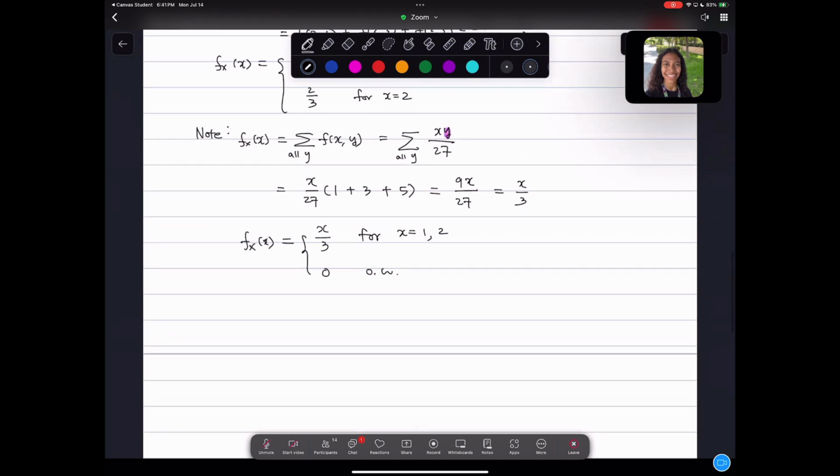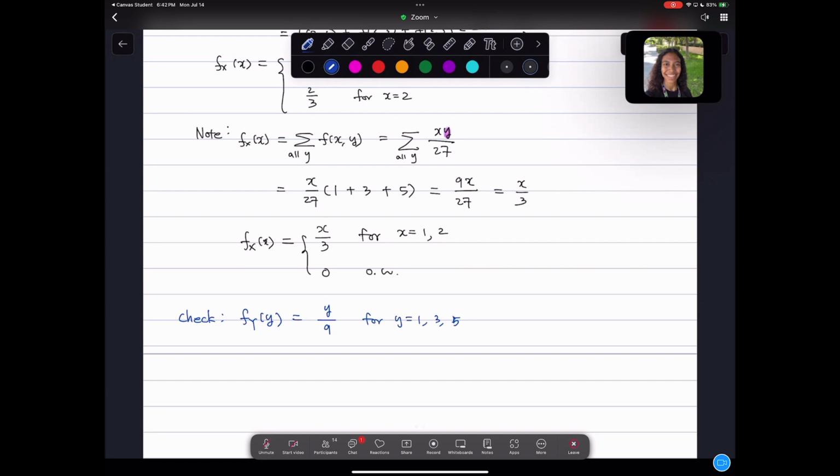But anyway, when you have time, check yourself. When you get the marginal PMF of y, then you will get y over 9 for y values 1, 3, and 5. So do it yourself so you can get them, which is not very difficult. So this is the discrete example.